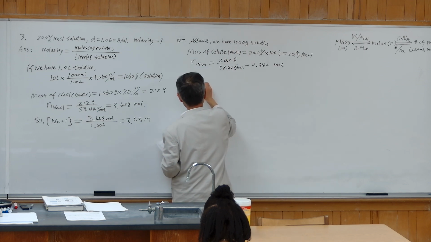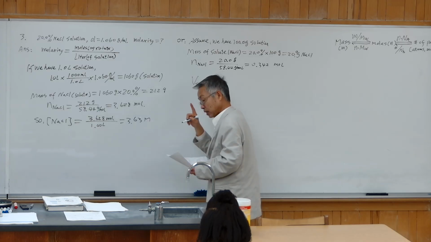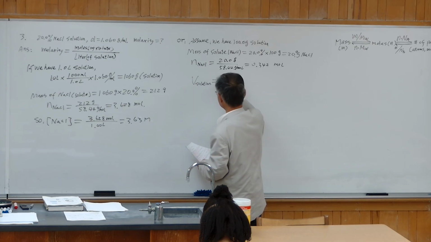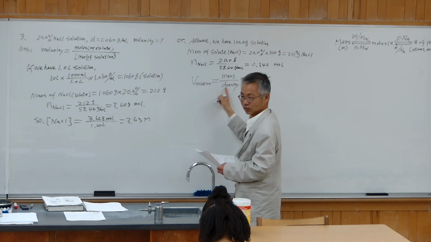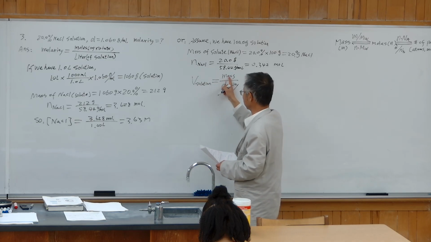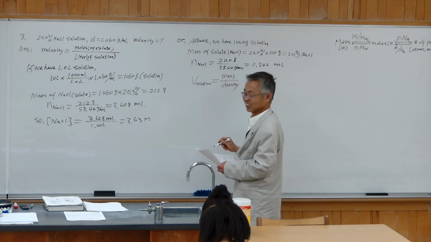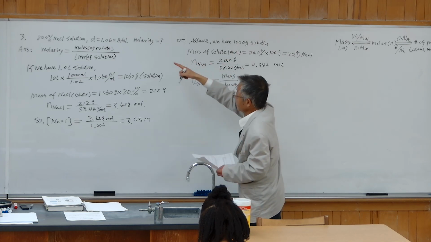This is the volume of solution because the density is of the solution. Since density equals mass divided by volume, volume equals mass divided by density. The mass, of course, is that of the solution.